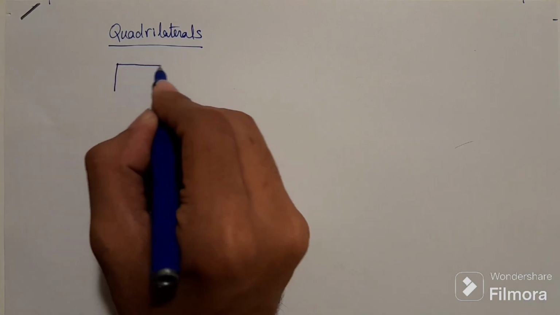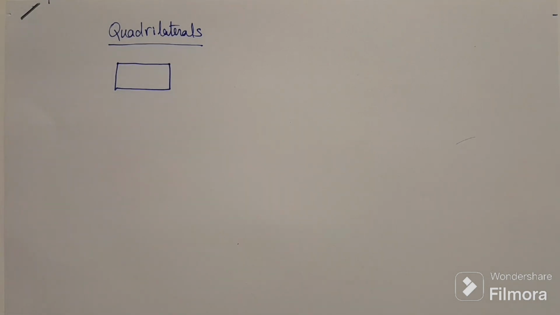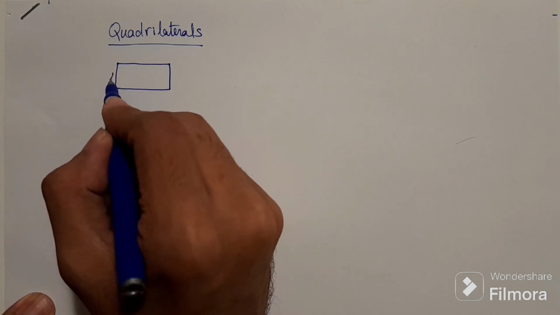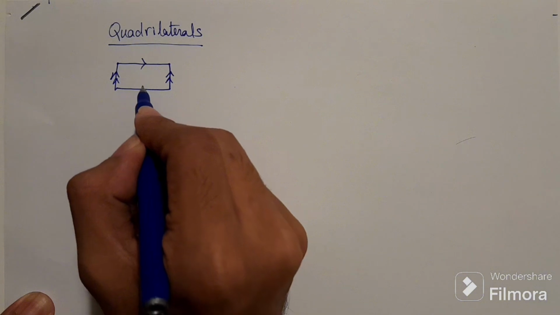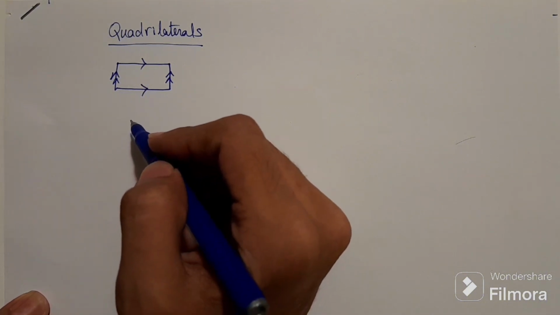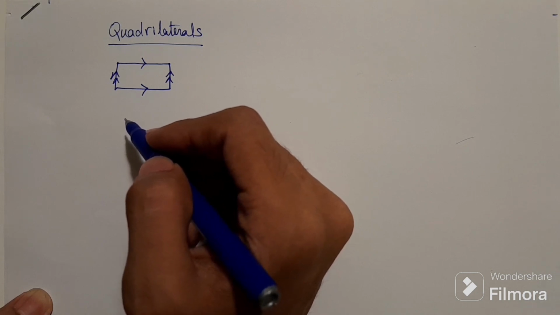So basically a rectangle means it has two parallel lines, meaning the first parallel line is this one and the second parallel line is this one, and all interior angles are 90 degrees each.